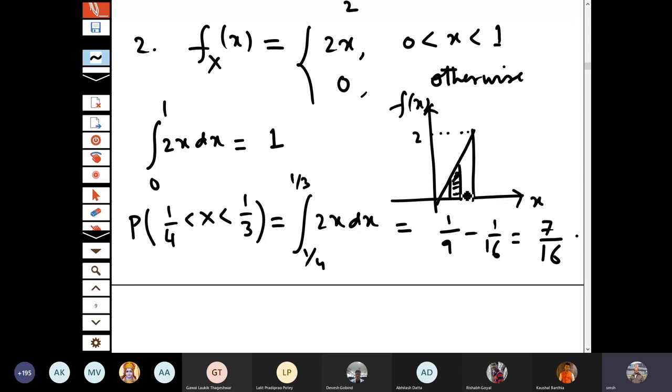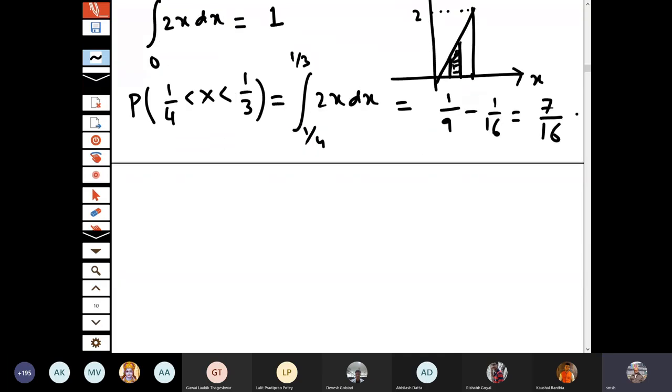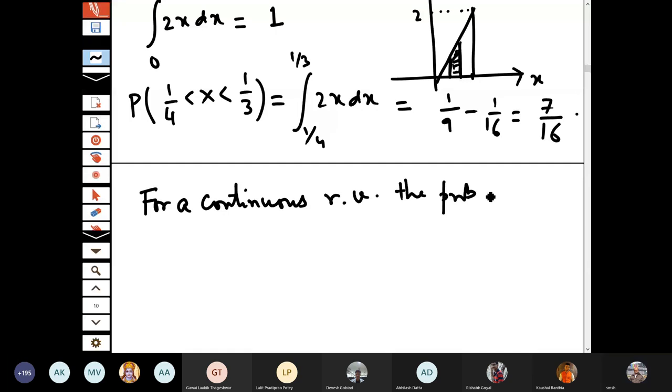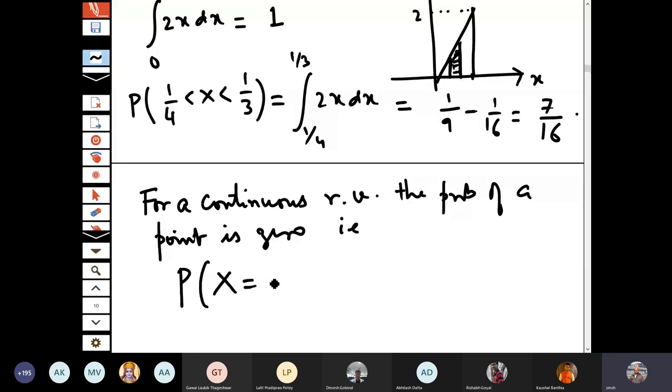If I am looking at this particular area under this particular curve, then whether the end line is included or not does not make any difference. So for a continuous random variable, the probability of a point is 0. That is, the probability that x is equal to c is equal to 0 for all c.